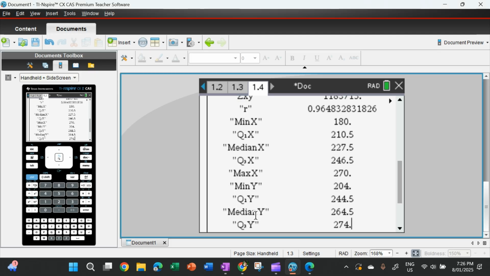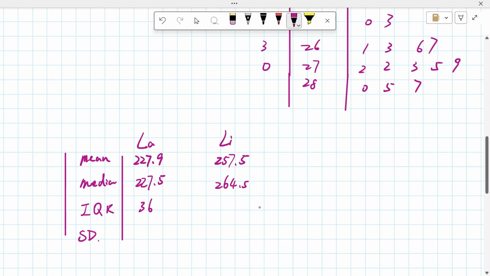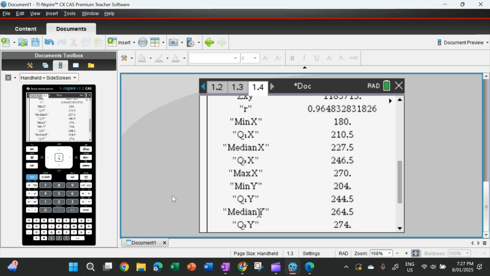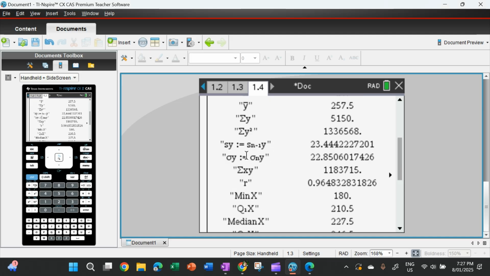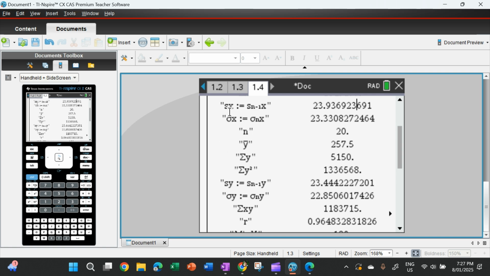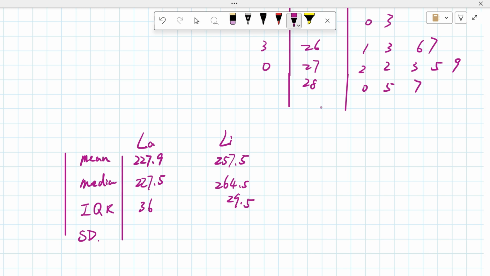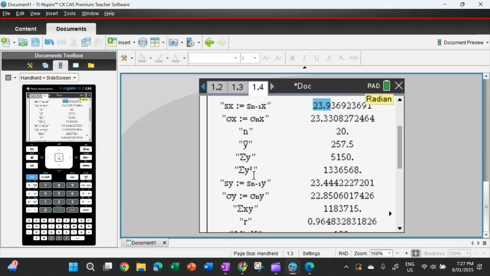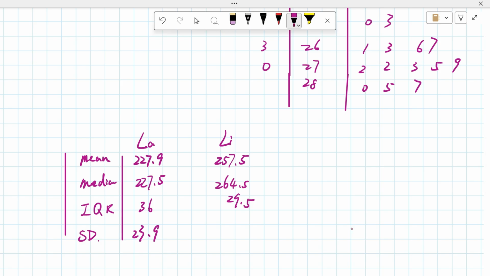And if you do Liberal, it will be 29.5. And the standard deviation of x is 23.9, and the standard deviation of y is 23.4.